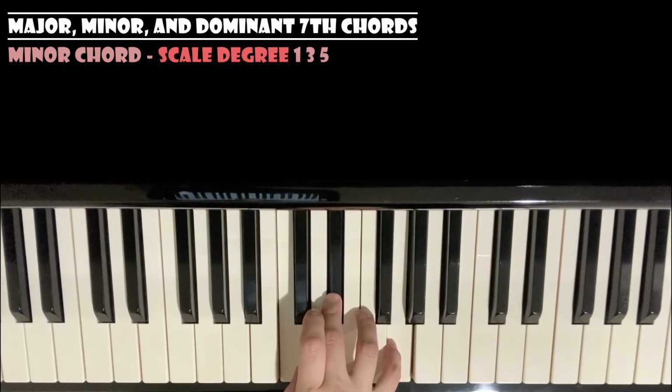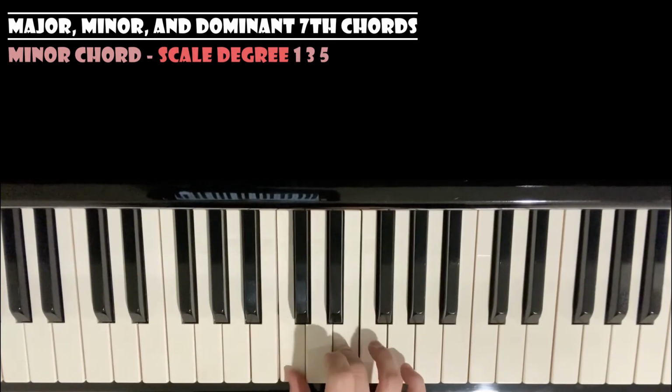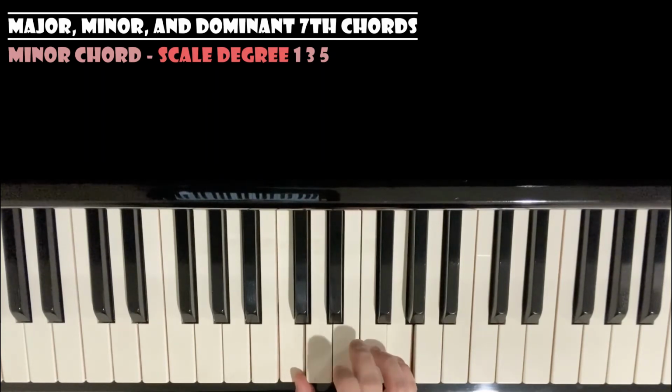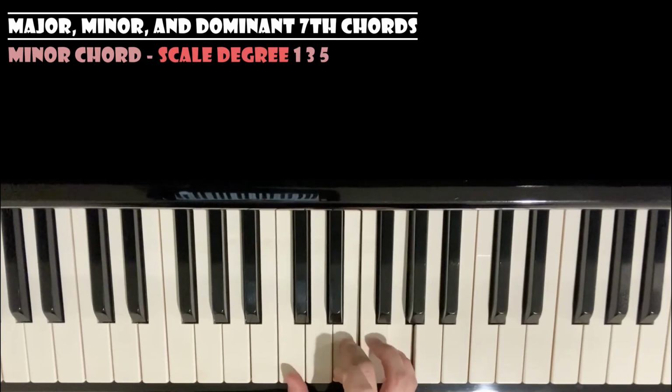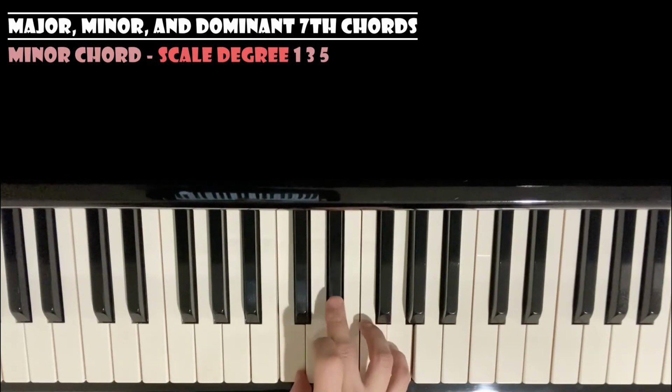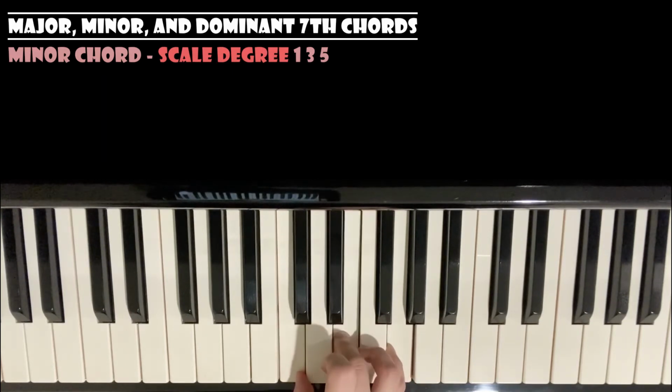That's going to be minor. So the difference between major and minor chord is the middle note, the third. The major chord has a major third in interval, and the minor has a minor third.